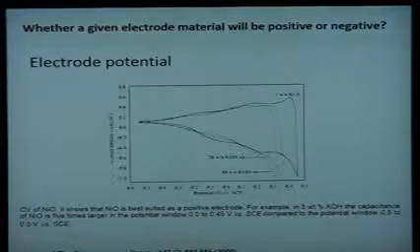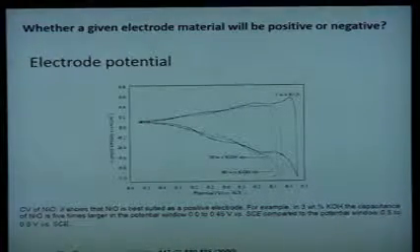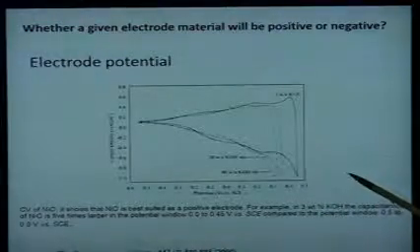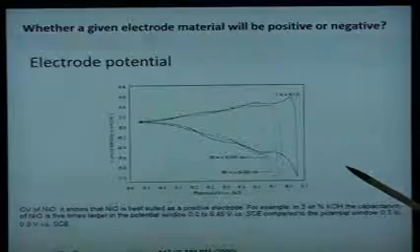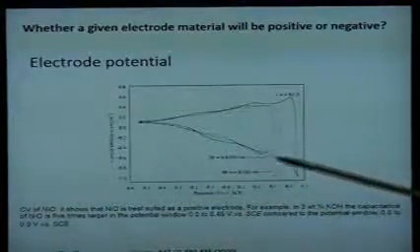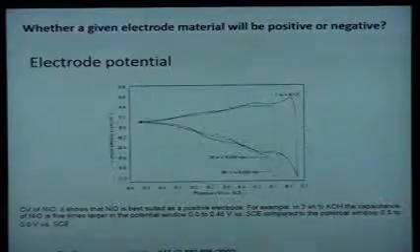For that one needs to look into the electrode potential, and this is an example. Here this CV curve corresponds to a nickel oxide based system. You can see that in the whole range you have current across the positive range. So this is used as a positive electrode for the system.